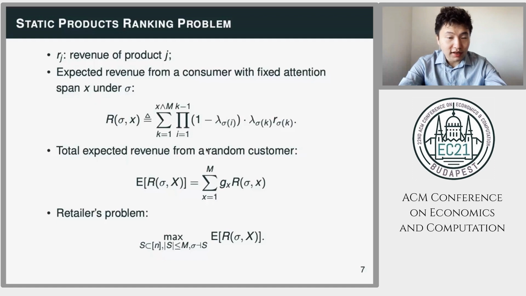As we consider the case where consumers have a random attention span, the total expected revenue in this case is the expectation of R(sigma, X), where the expectation is taken over the random attention span. As a consequence, the retailer's problem is to find the optimal display that maximizes the total expected revenue under a cardinality constraint that there are at most m products to be displayed.